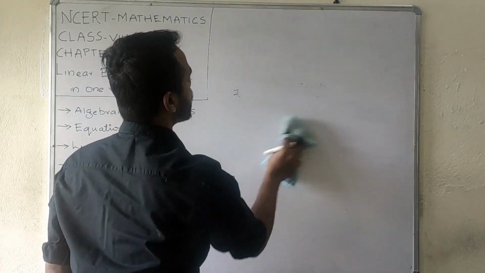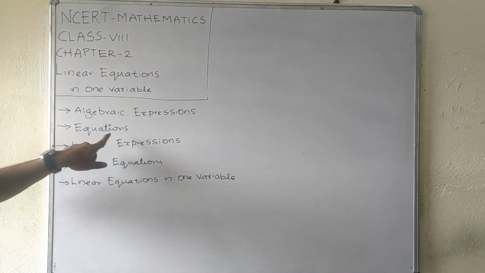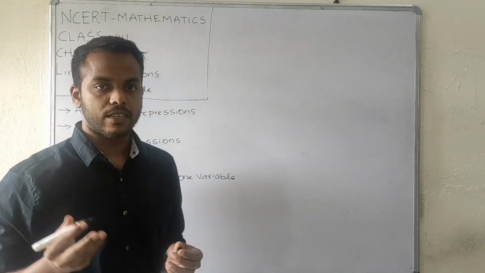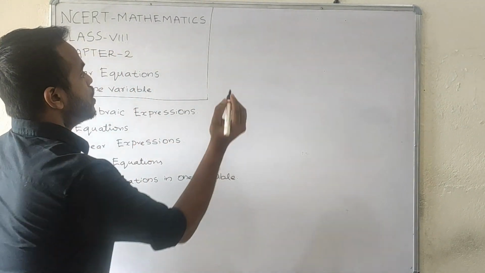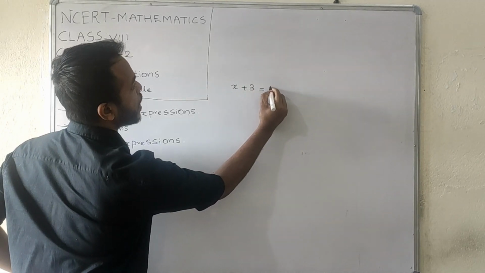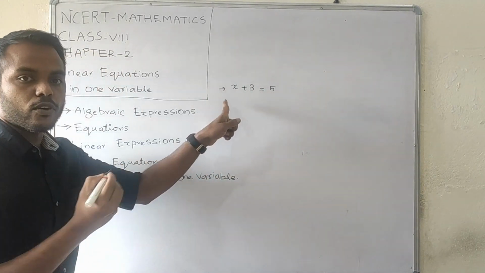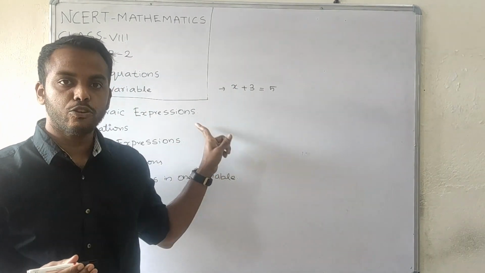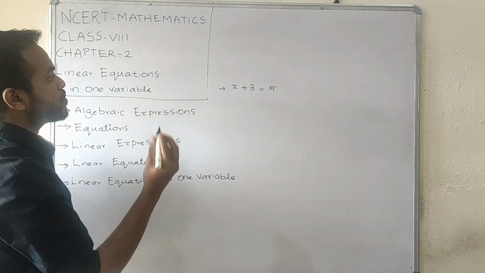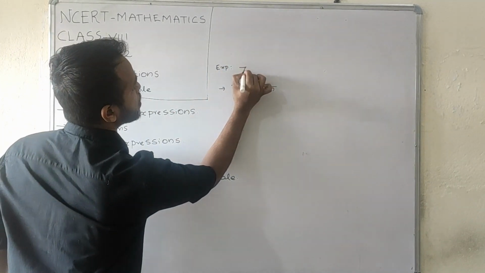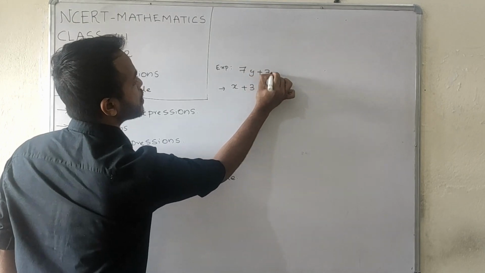Now the second part, equation. We have seen a lot of equations in our lower classes. For example, x plus 3 is equal to 5. This is an example for an equation. Now can you say what is the difference between an expression and an equation? I will write both of them together. This is an expression, 7y plus 3.